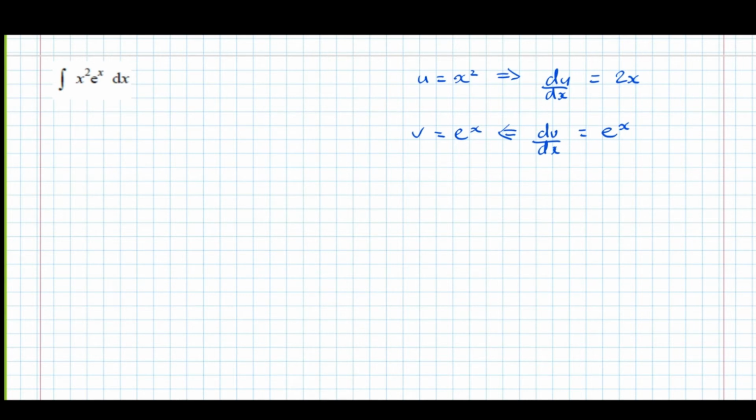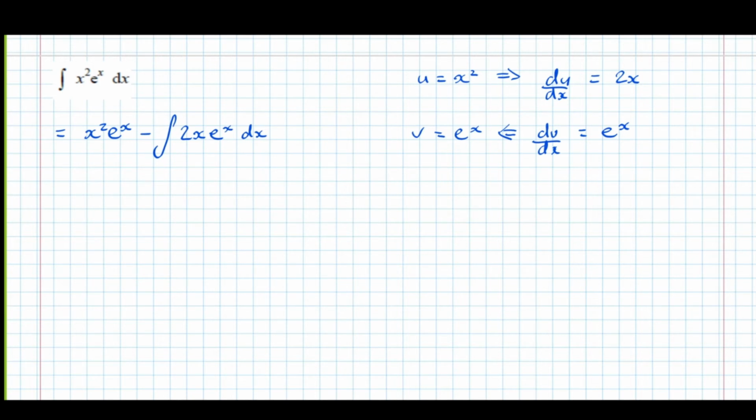Therefore, that's equal to uv minus the integral of v du by dx. So that's x squared e to the x minus the integral of v times du by dx, which gives us 2x e to the x dx.